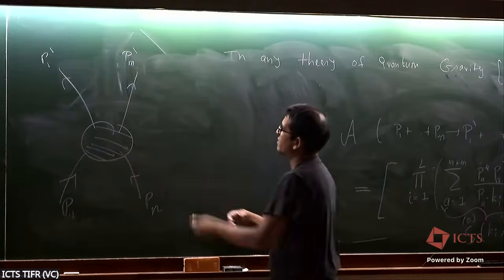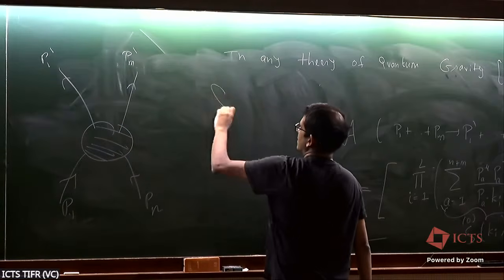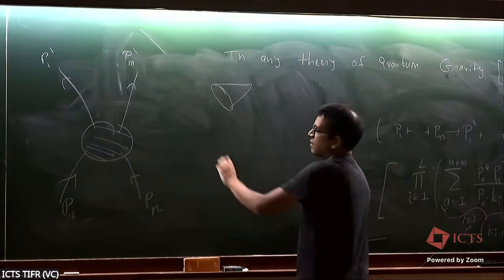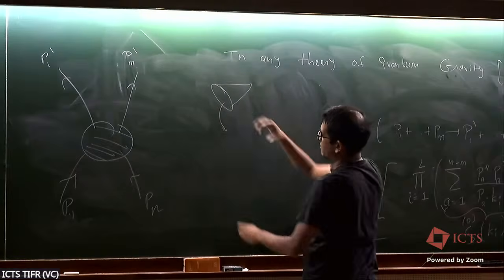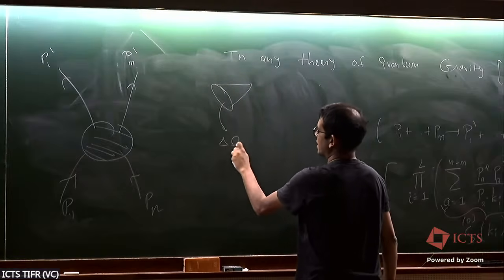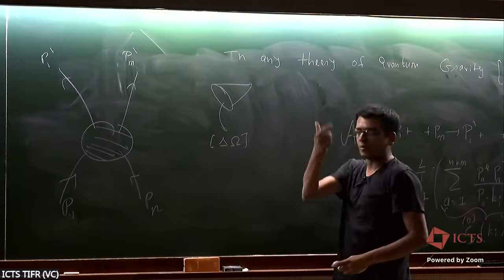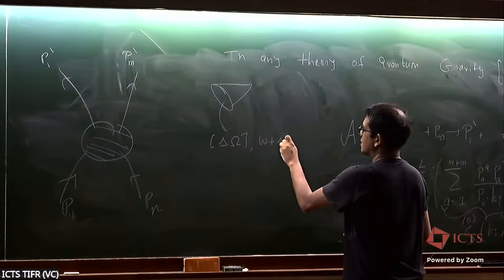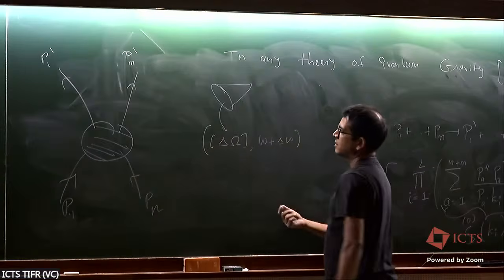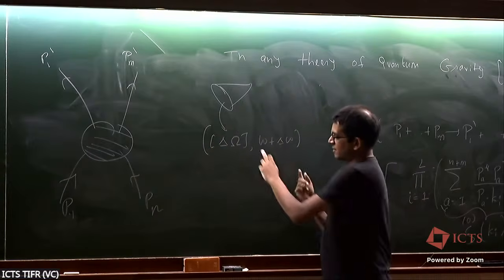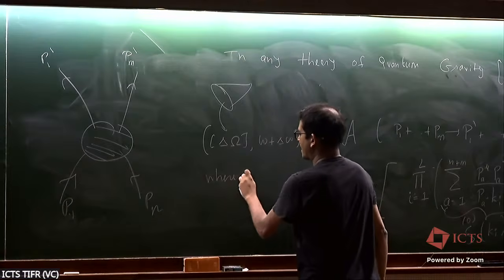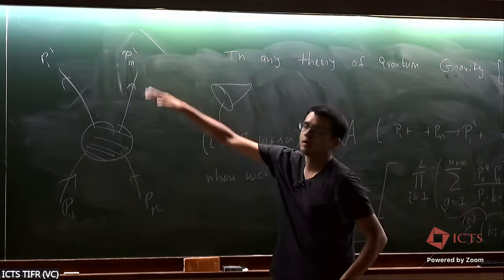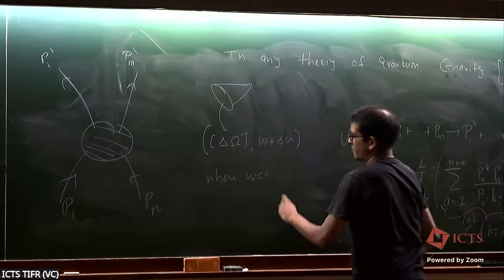And now you can ask, if I have a detector, say placed somewhere, which has an angular separation delta omega, and the frequency resolution omega plus delta omega, where omega is much softer than all the momenta in the problem.